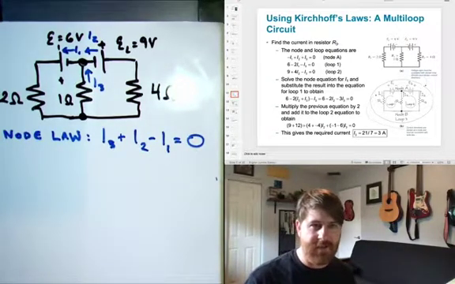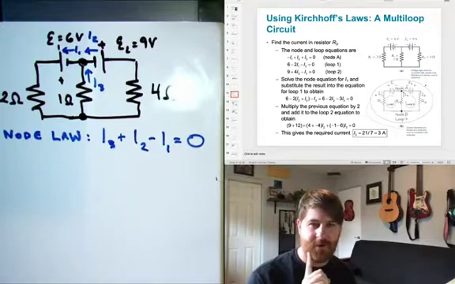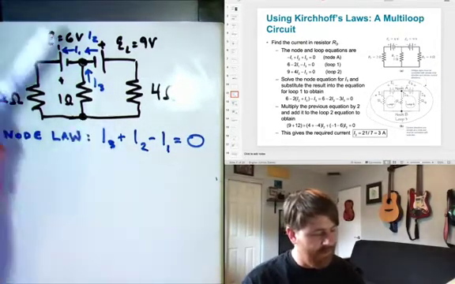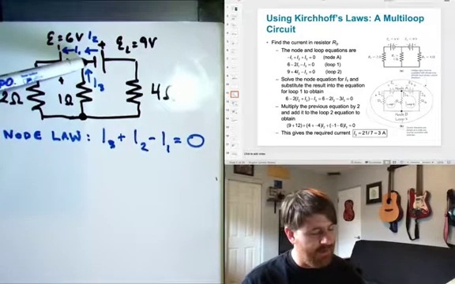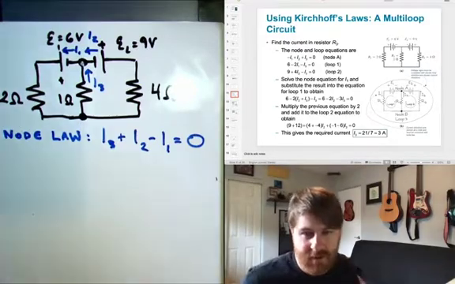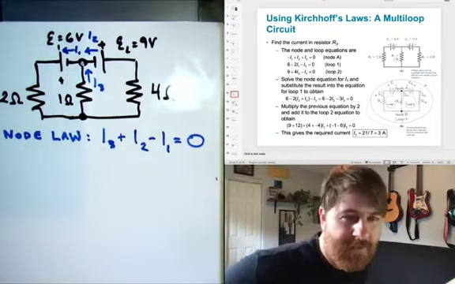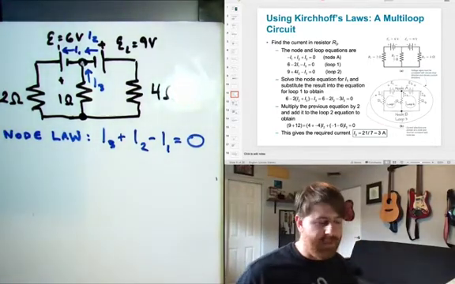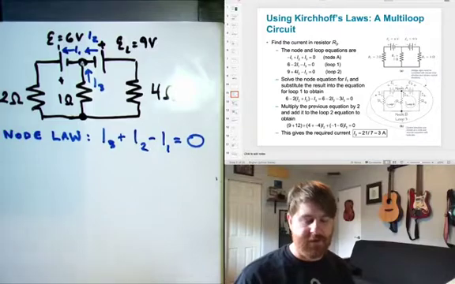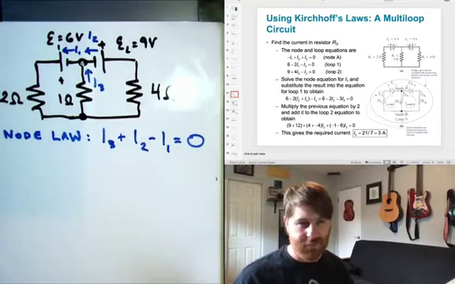Once I've written down the node law, I have to write it down for at least one node, and depending on the circumstances, I might have to write it down for several nodes. If I write it down for every node in the circuit, that would be the easiest way to begin, because the nodes are easier to handle than the loops.